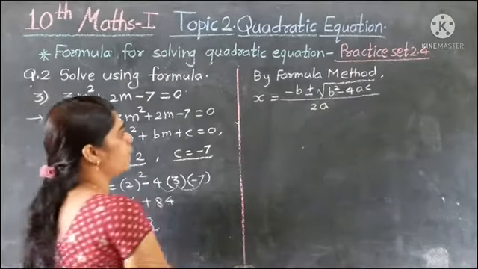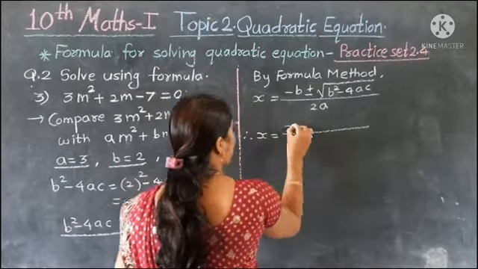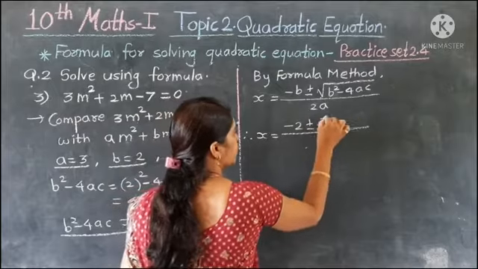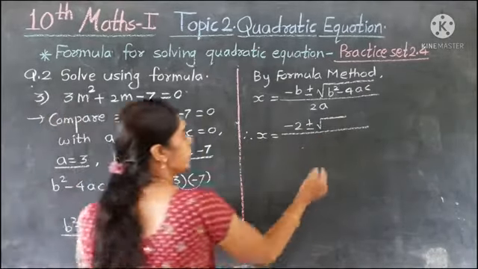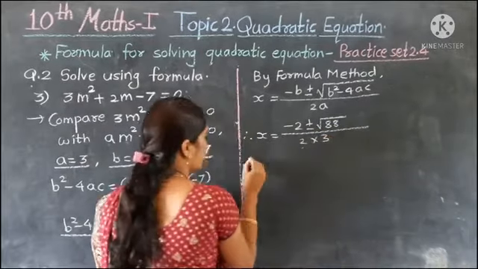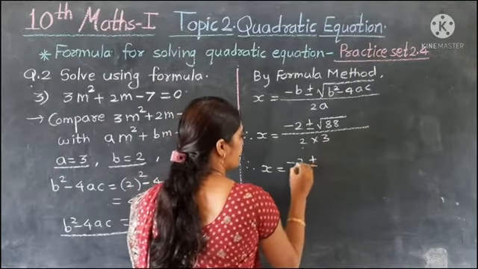Okay, now you put the values. x is equal to minus, what is the value of b? 2, plus or minus root b square minus 4ac, which we calculated as 88, upon 2 into 3. So we get x is equal to minus 2 plus or minus.